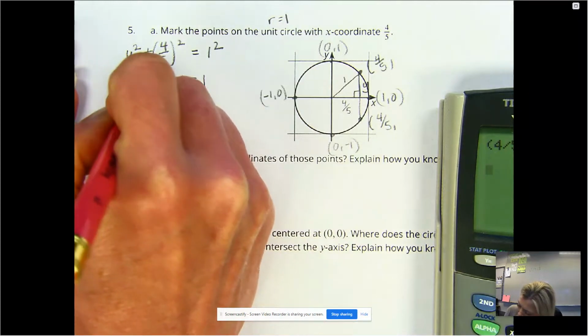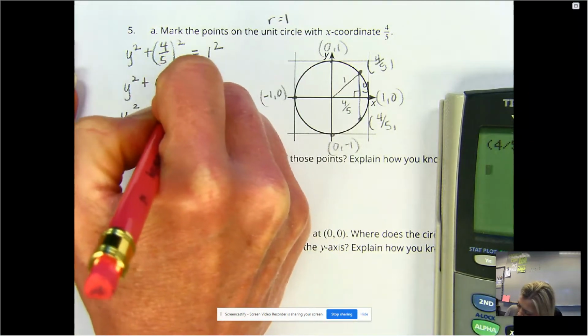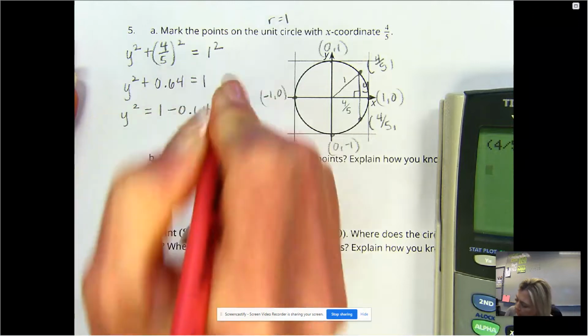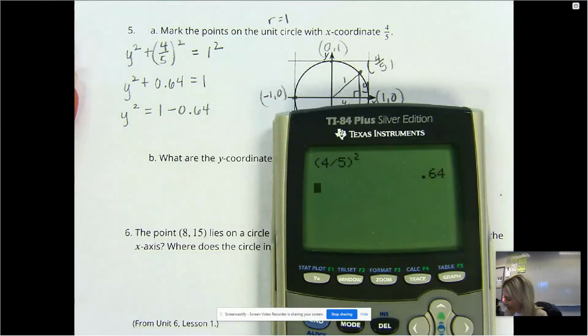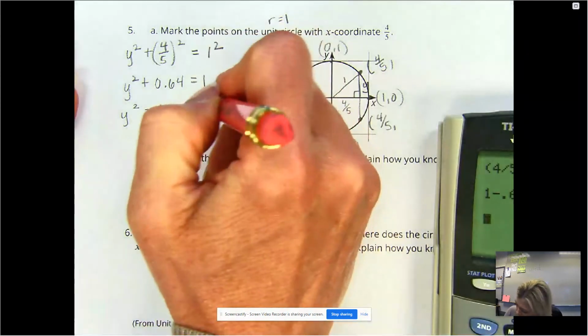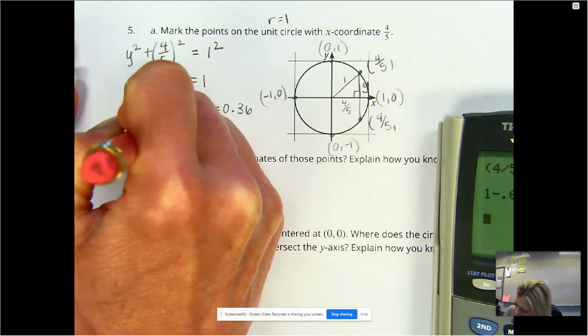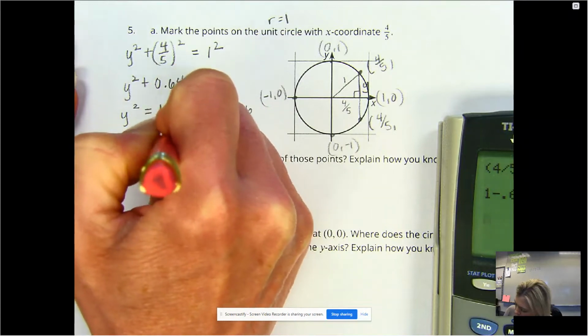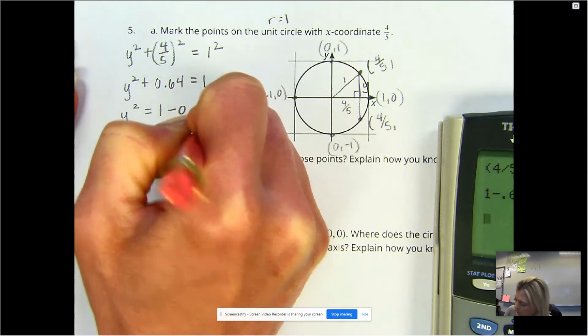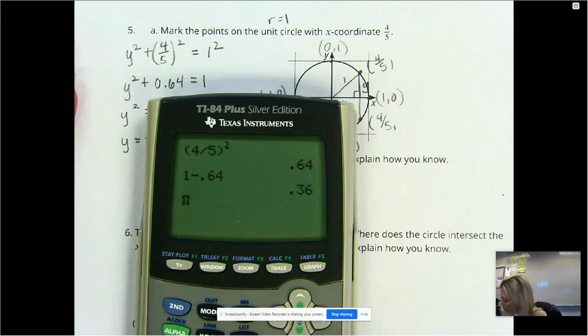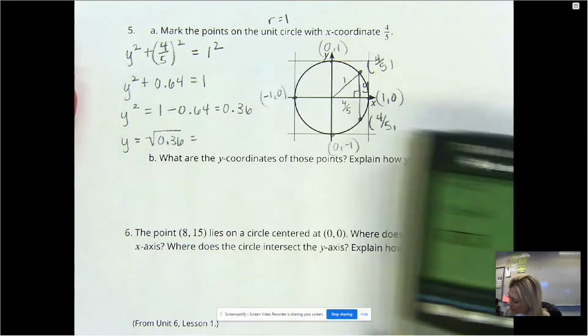So that means that y squared is equal to 1 minus 0.64, and that is where the 0.36 comes from. 1 minus 0.64 is 0.36. And so then y is equal to the square root of that, which is 0.6.